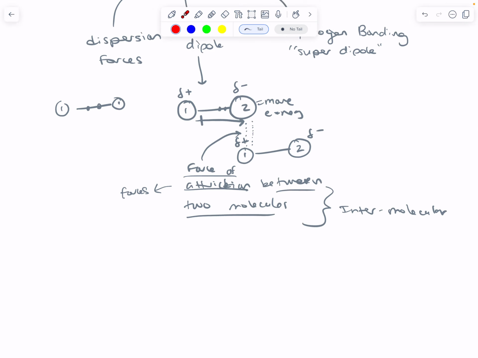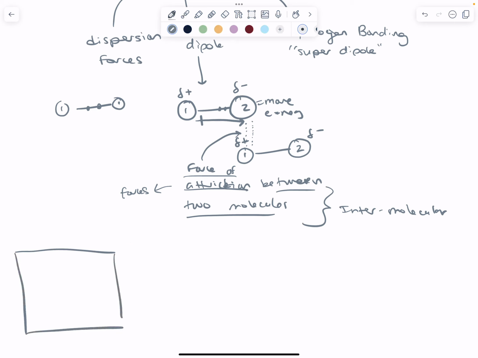And why does that matter? Well, if you think of solids, liquids, and gases, solids are a bunch of molecules that are really close together, and they're held together in this solid state by their intermolecular forces.